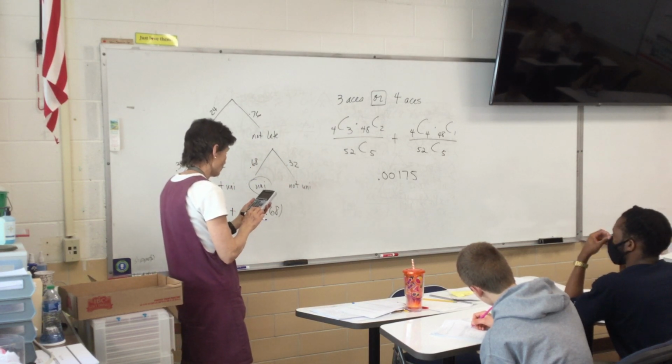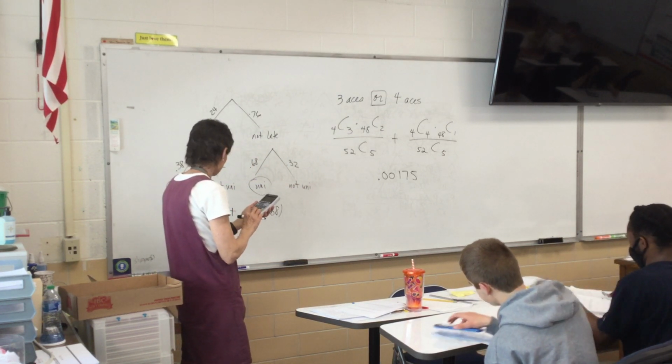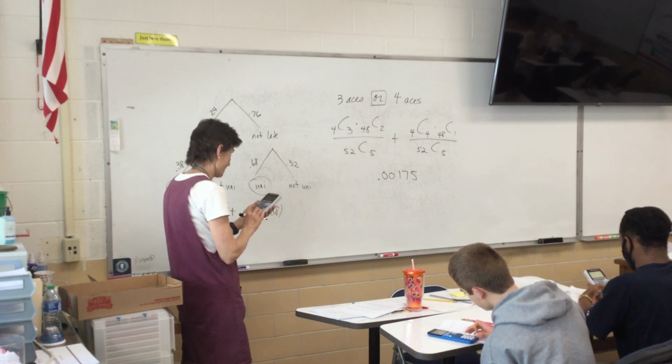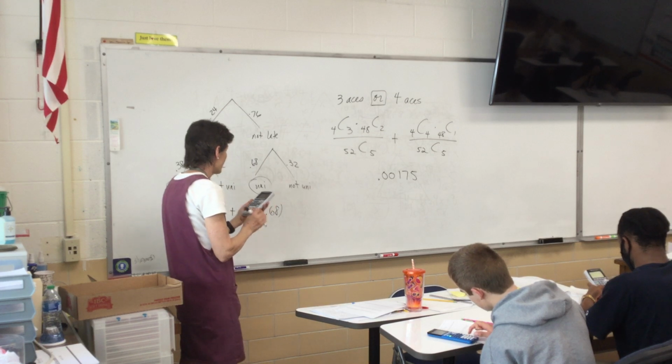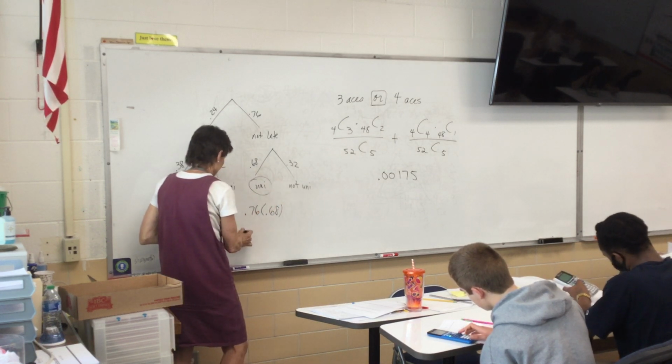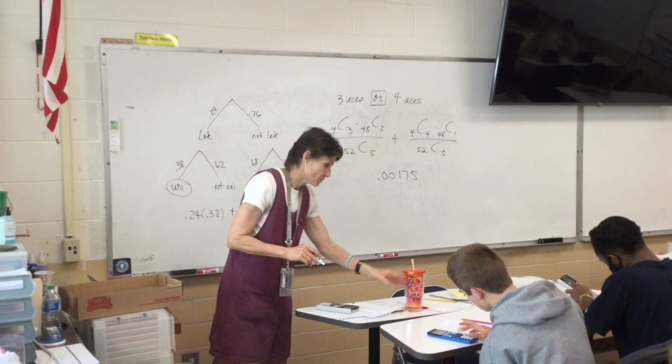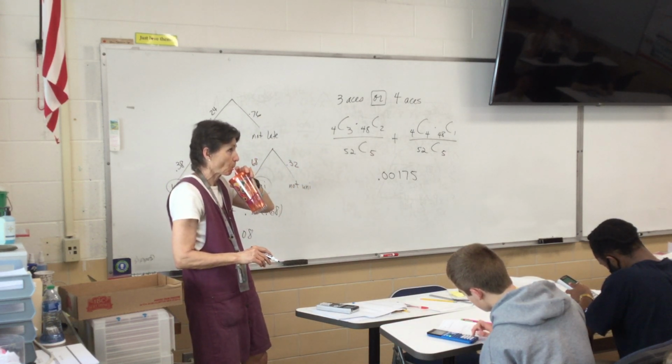So 0.24 times 0.38 plus 0.76 times 0.68 is 0.608. So about a 60.8%, if you want to answer it that way, yeah, that would be fine.